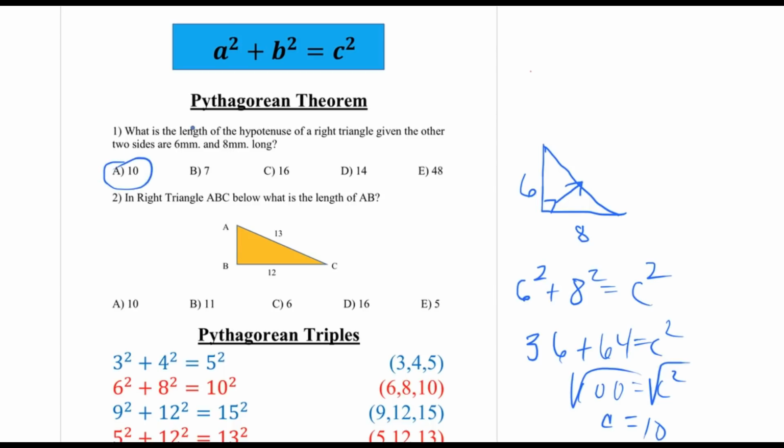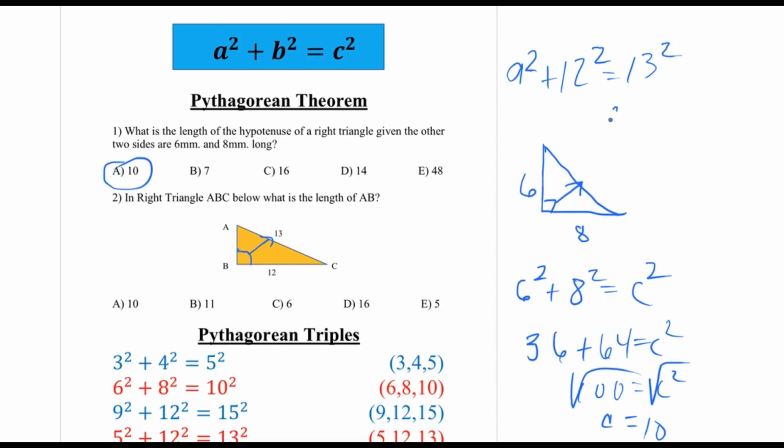Number 2, in the right triangle ABC below, what is the length of AB? Well, the hypotenuse is 13. That's the one that's opposite the 90-degree angle. So we'll call side AB A: A squared plus 12 squared equals 13 squared.